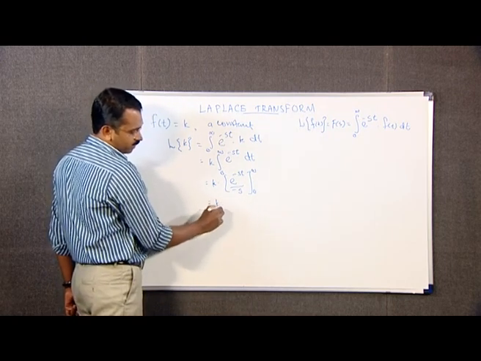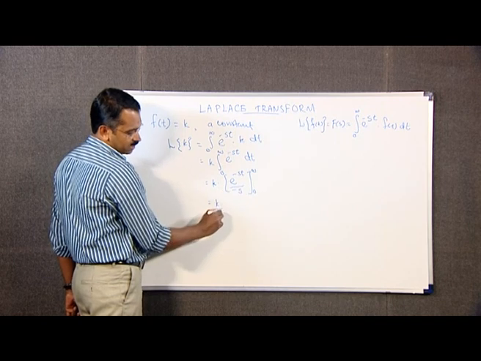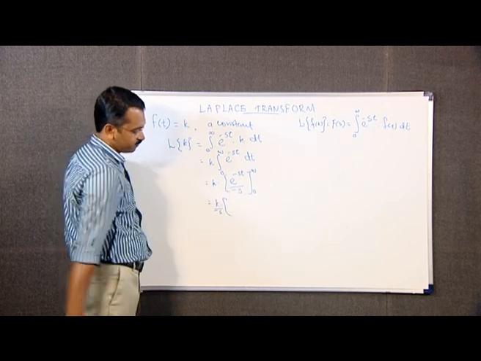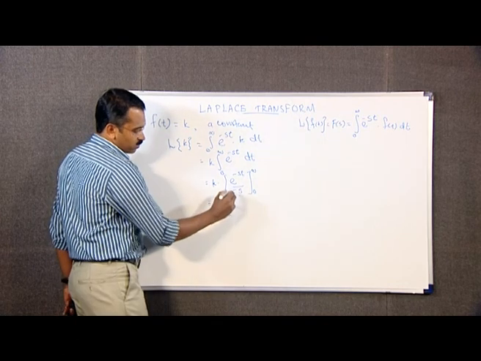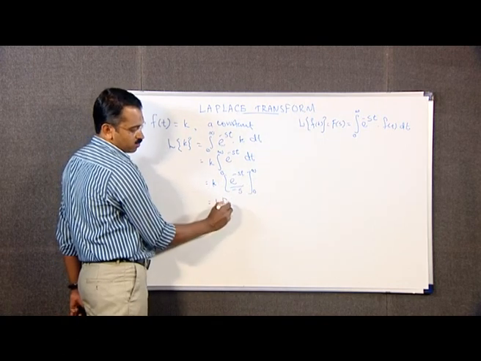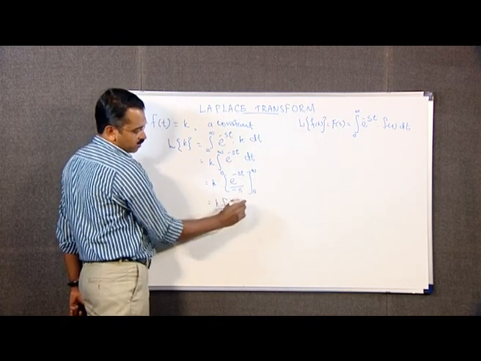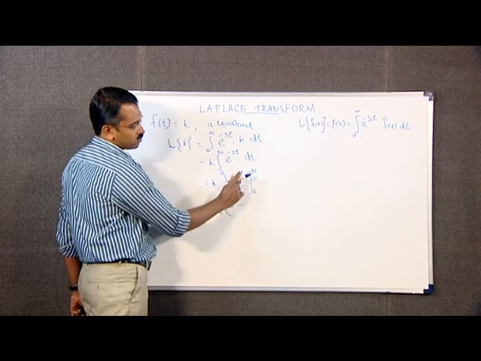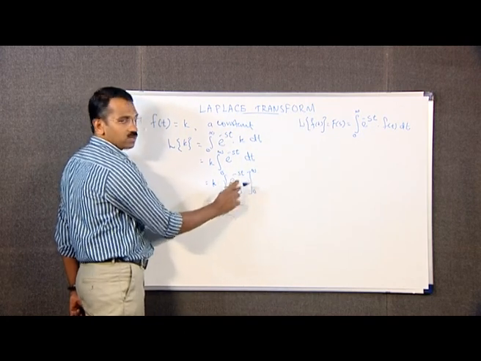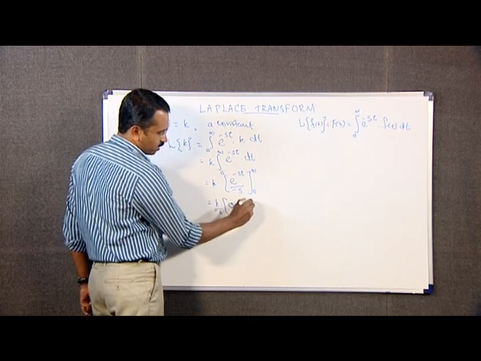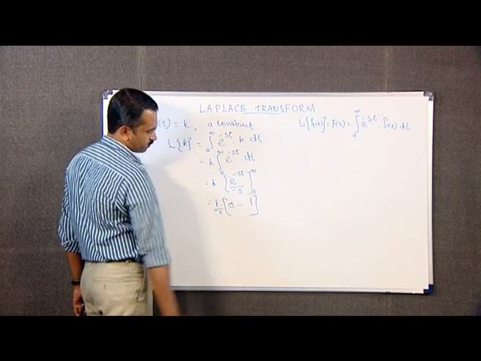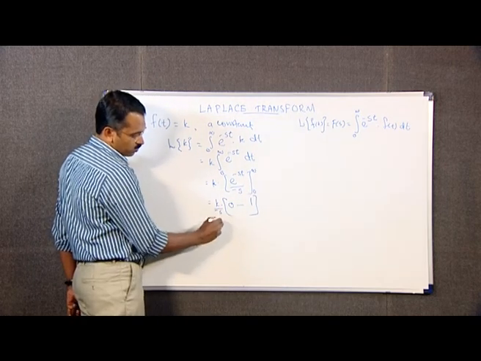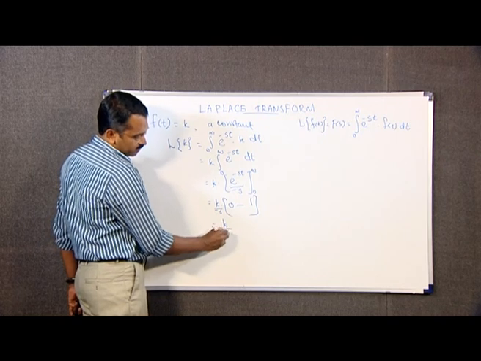Therefore, k by minus s can be taken outside in the denominator. k by minus s into e raised to minus infinity, which tends to 0, minus e raised to 0. When t equals 0, this term is e raised to 0, that is 1. This is equal to k by s.